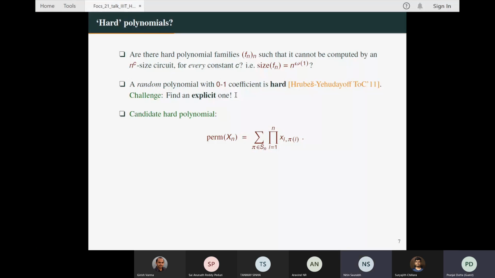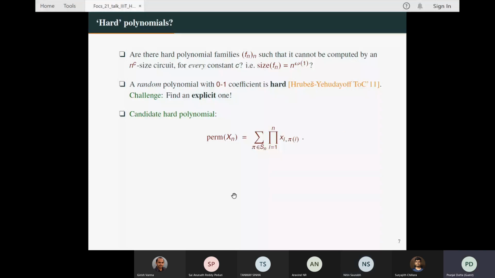There is no small circuit for that, and also multilinear. Does that answer your question? Yeah, Pranjal, carry on.